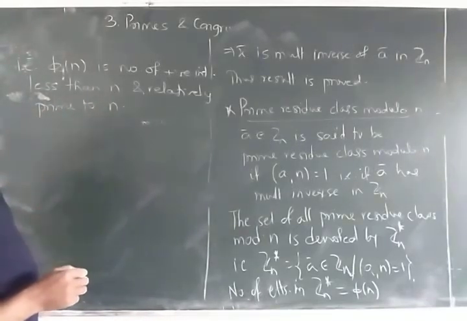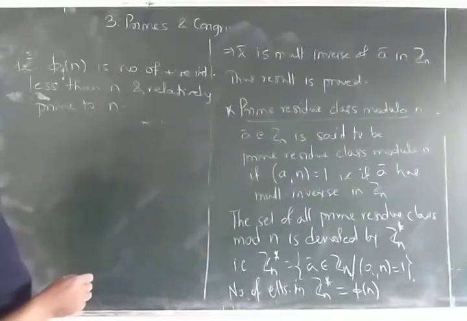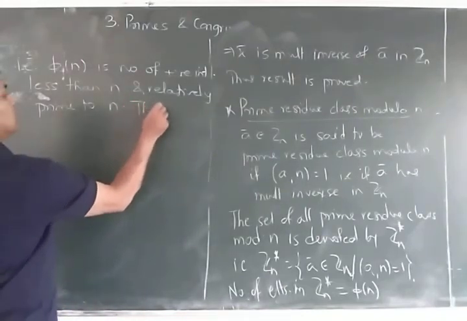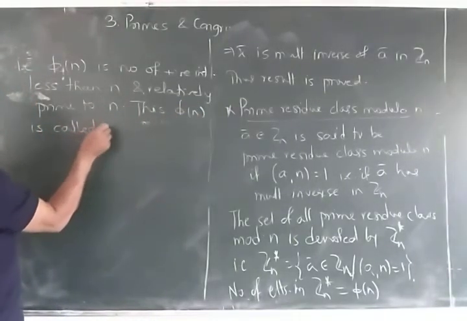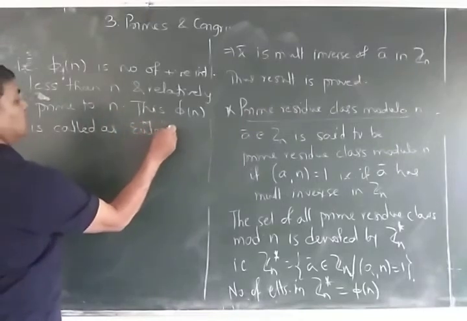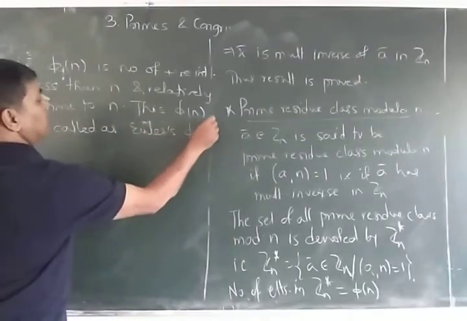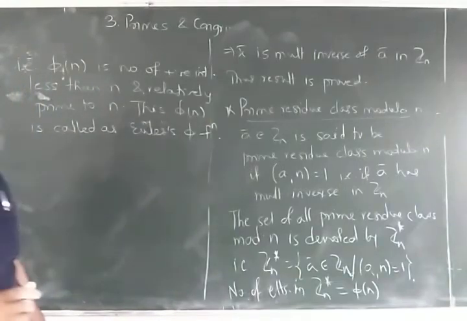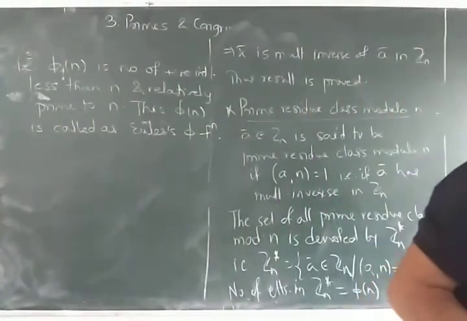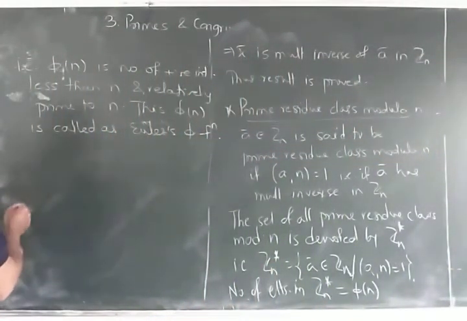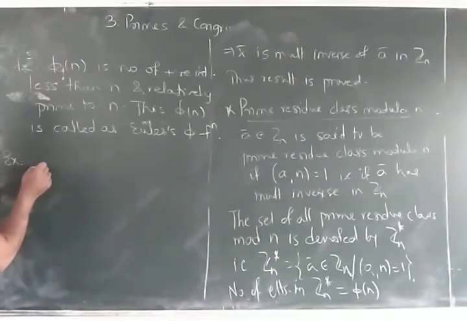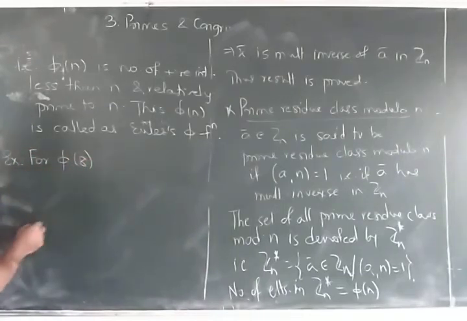This phi of n is called Euler's phi function. Example for phi of 8.